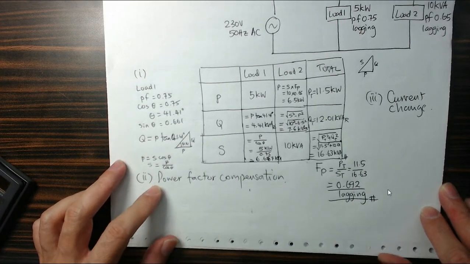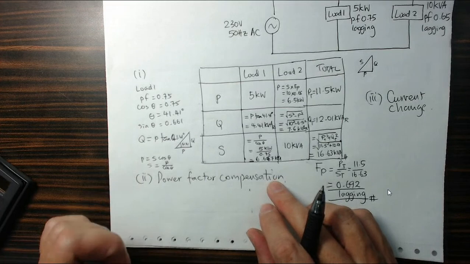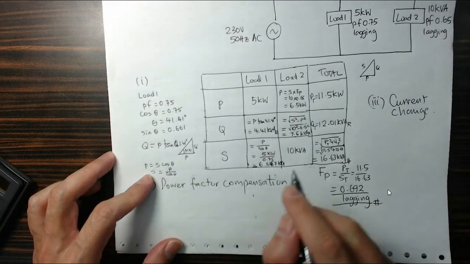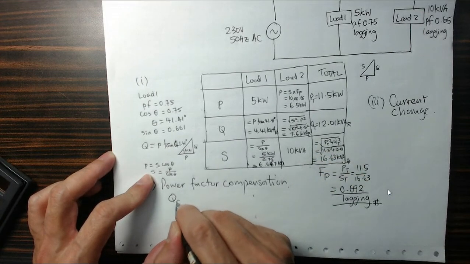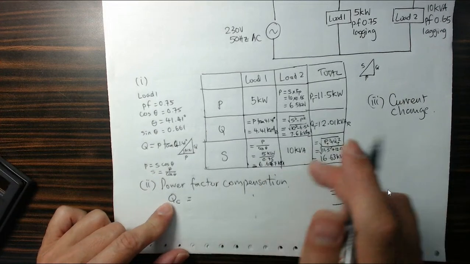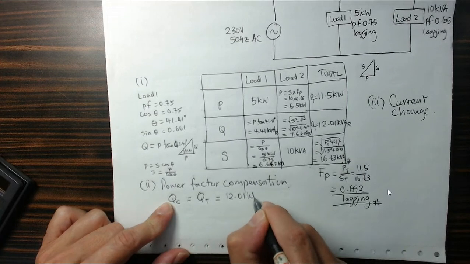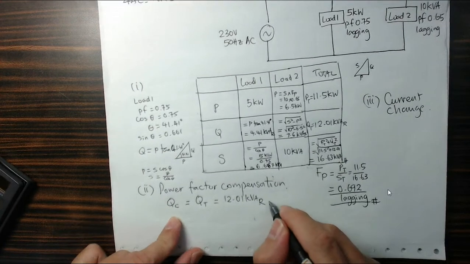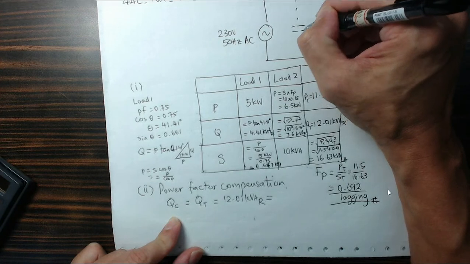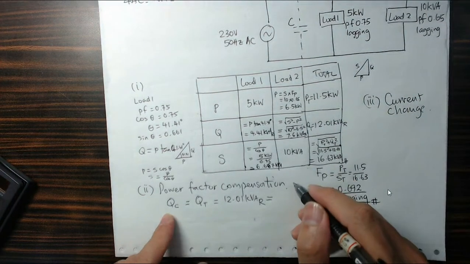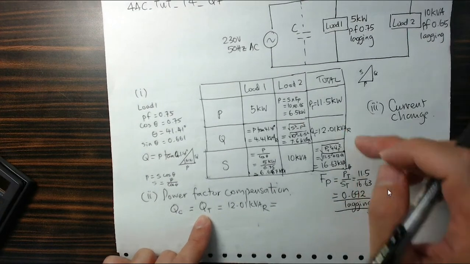Now the second part of the question asks, what can I do to correct the power factor so that it has unity power factor? In other words, I must introduce a capacitor that will compensate for this. That means the reactive power of the capacitance I introduce must be the same as QT, that's 12.01 kVAR. This capacitor will give me this reactive power to compensate for the current reactive power.